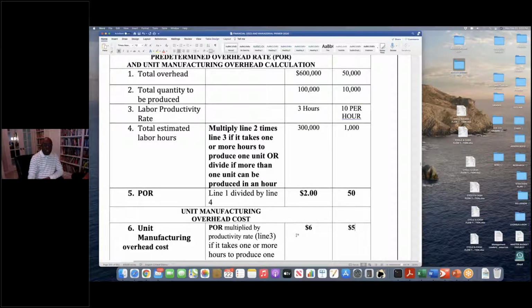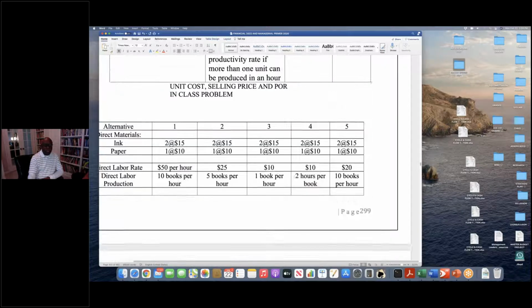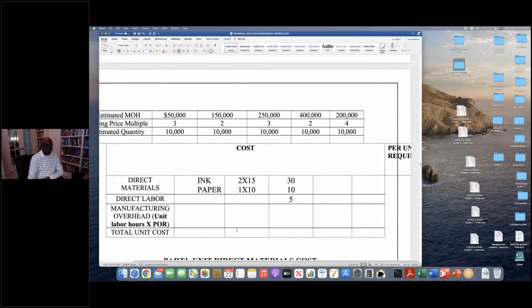Okay, so let's go back to this calculation. For the manufacturing overhead, the labor hours involved were 10 per hour.